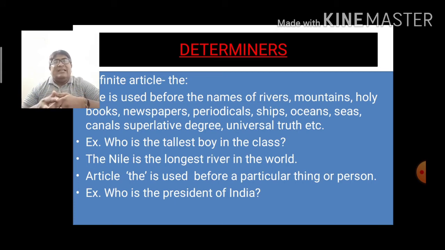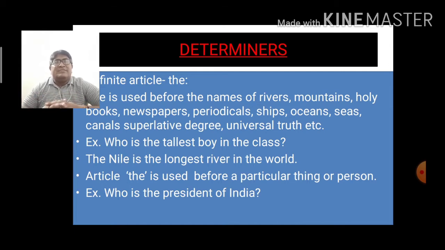Next, the article "the" is used before a particular thing or person. For example, who is the president of India? President is a particular person, that's why we have to use the article "the". Now, before the names of ships, for example, the Titanic. A very famous ship, based on a movie that was released.